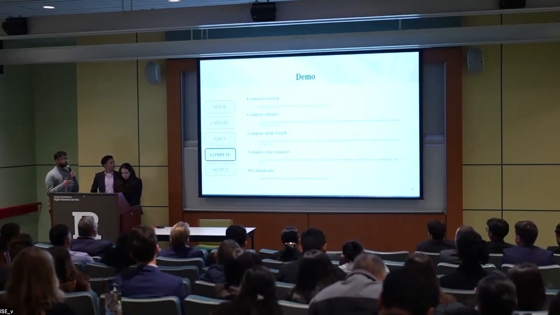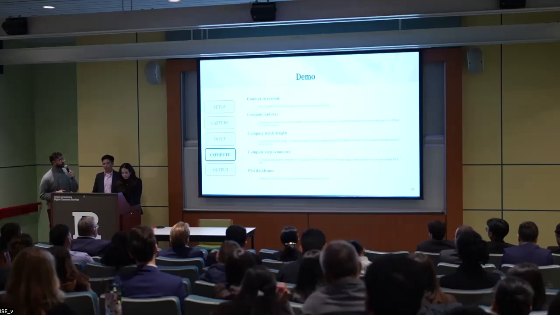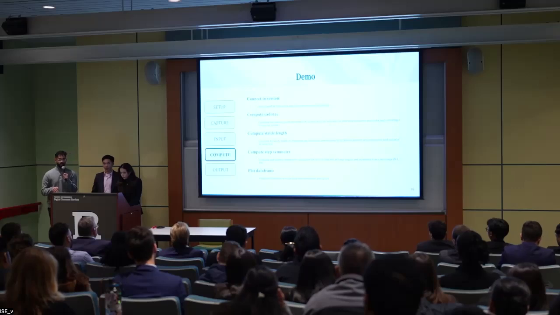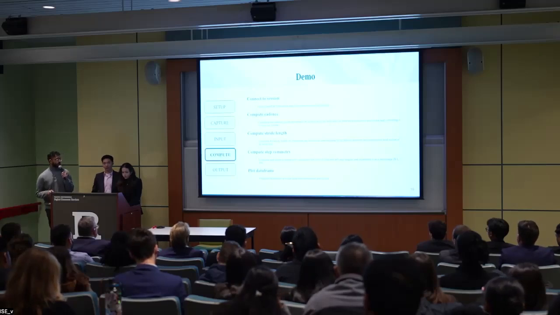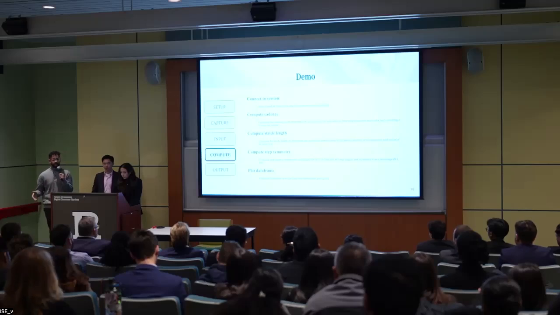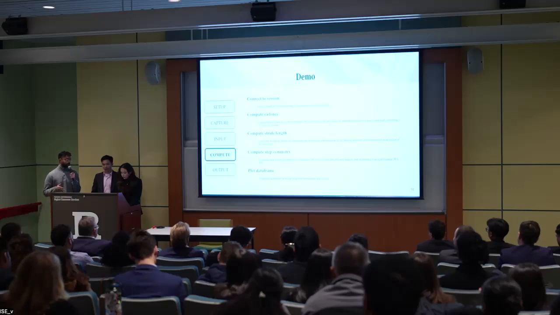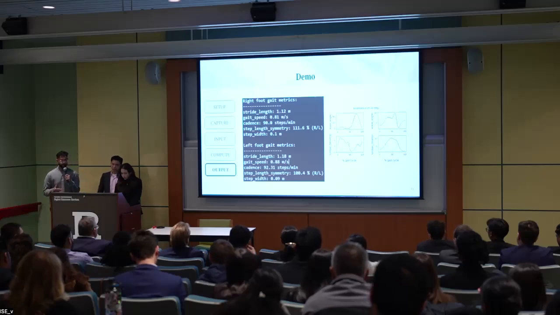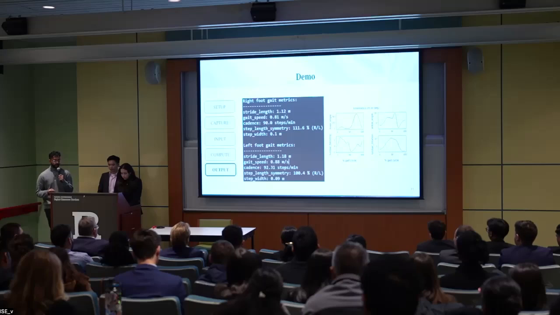Cadence is calculated, which is steps taken per minute. Stride length is calculated, which is the horizontal displacement within a consecutive heel strike. And step symmetry is also calculated, which compares the left step lengths to the right step lengths and forms a ratio. Finally, this is all visualized using both numeric metrics as well as graphs that the research team can use to make better assessments of a patient's current status.